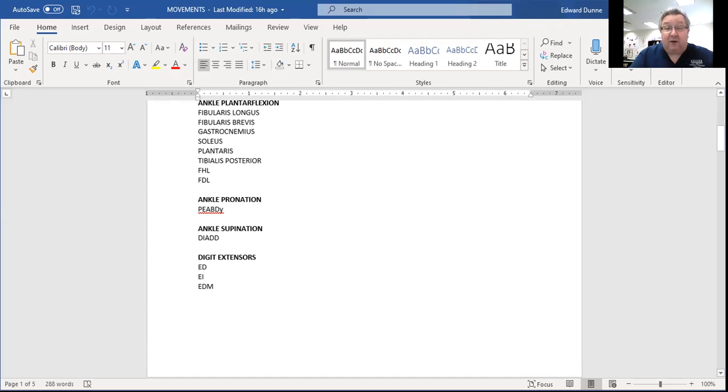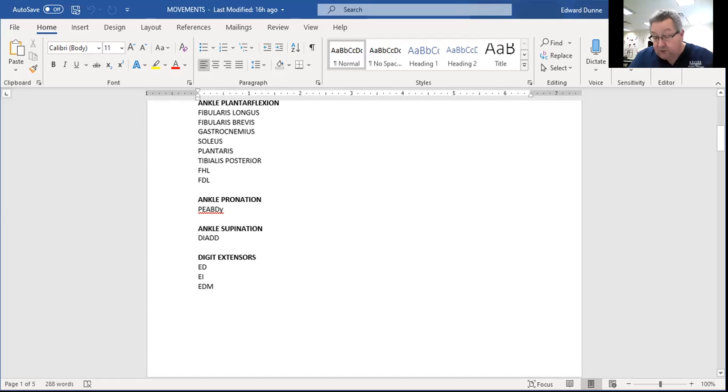The plantaris muscle is not a major plantar flexor because it's so thin. Remember, it's a very small muscle, but it has that very long tendon that attaches into the Achilles tendon and into the calcaneus. Not a major mover of plantar flexion, okay?